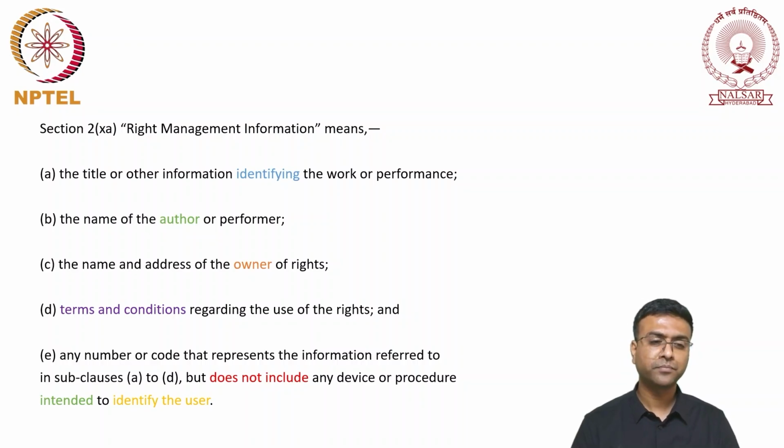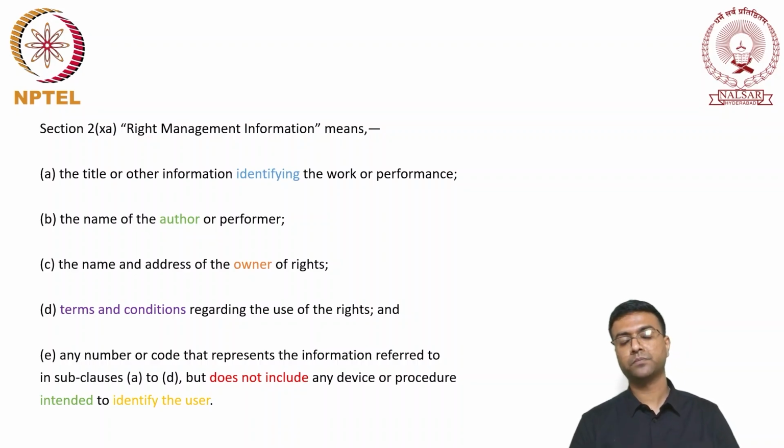It says, rights management information means the title or other information identifying the work or performance, the name of the author or performer, the name and address of the owner of rights, terms and conditions regarding the use of the rights, and any number or code that represents the information referred to in subclauses A to D, but does not include any device or procedure intended to identify the user.